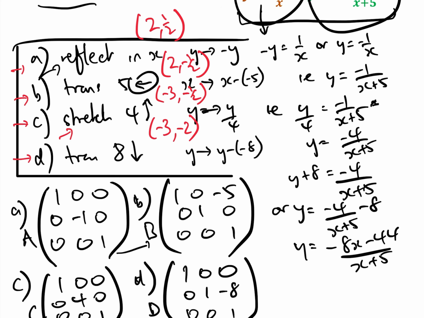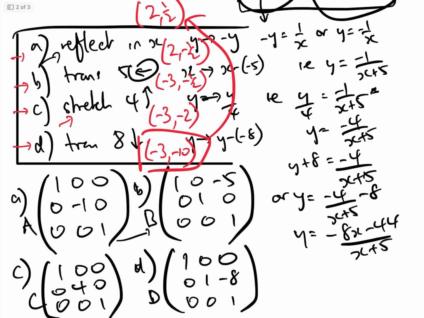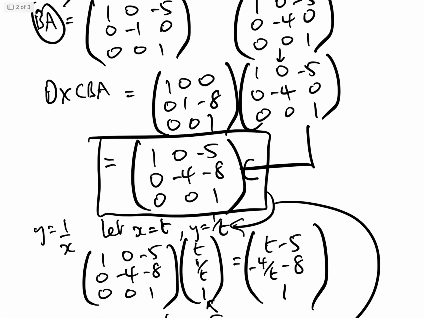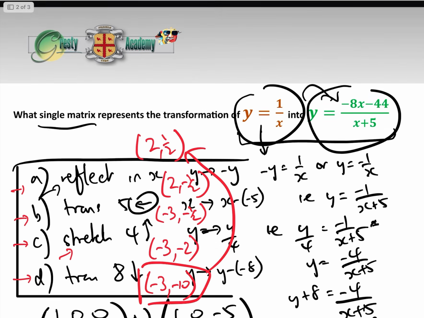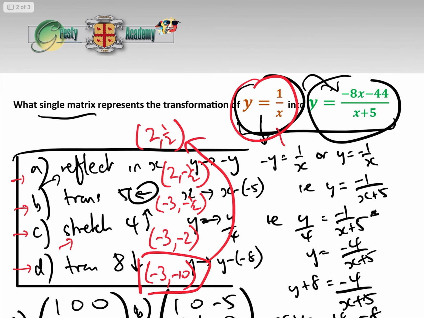And then if we translate 8 down, all that does is take 8 off the y, which gives us minus 3, minus 10, which indeed is exactly what the matrix predicted, and so therefore we can be pretty confident that this matrix here is the single matrix which equals the transformation of this curve here into that curve there. Very useful for robotics and gaming, like I say.